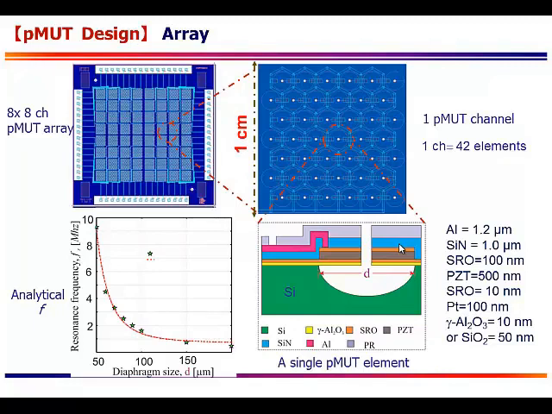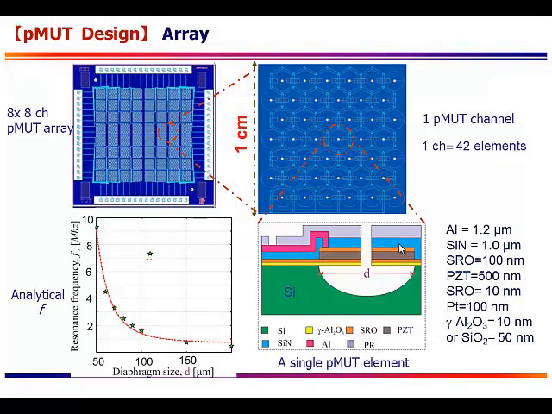The right bottom one depicts the deposition layer of all thin films. Basically, we also fabricated not only the gamma alumina insulator one, we also fabricated silicon dioxide as a model material, just for comparison, not for our particular application.